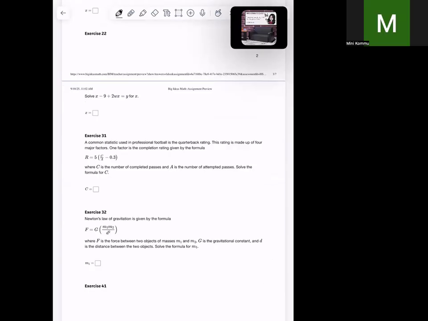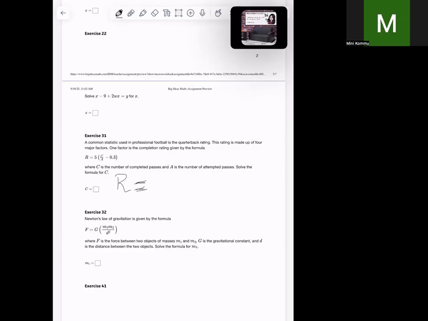A common statistic used in professional football is the quarterback rating. This rating is made up of four major factors. One factor is the completion rating given by the formula R is equal to, R is probably rating. Guys, my sport is cricket, so I'm not really sure about football, but I'm pretty sure you guys must be able to relate to this.